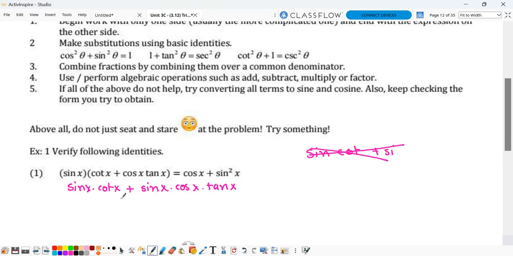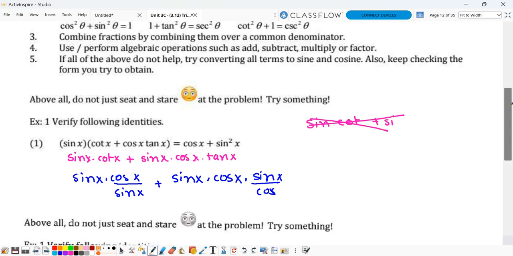Okay, so now what do we do? We are looking for two terms. We know that cotangent is cosine over sine. Sine and cosine on their own, you can't do anything. Tangent is sine over cosine. Clearly, this sine and sine get cancelled out, but do not cross out anything.